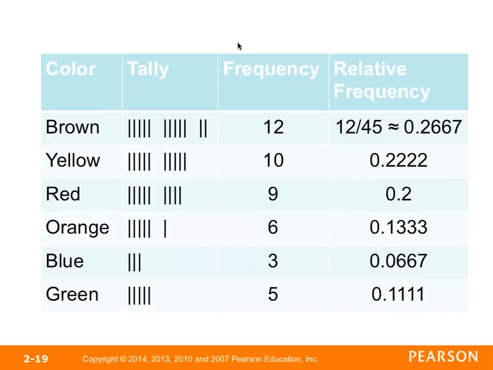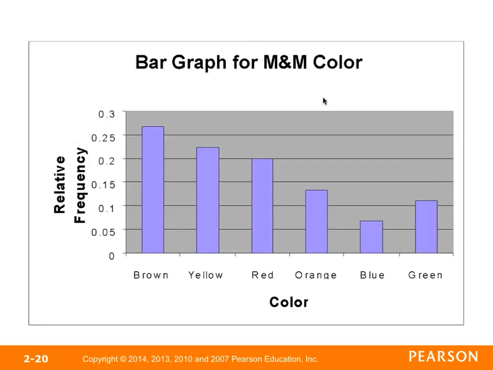We can also create a relative frequency bar graph. So what you'll see here is we actually have something where the shape looks pretty much identical. The only difference is this relative frequency right here. So you'll see that our label along our y-axis isn't 0 to 14 anymore, it's 0 to 0.3, so 0 to 30%.